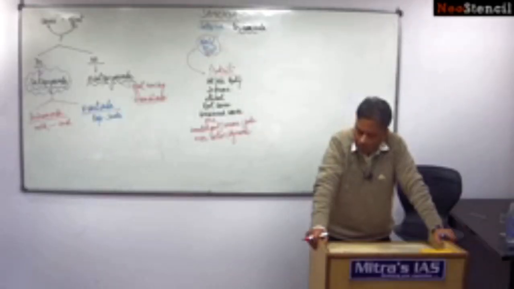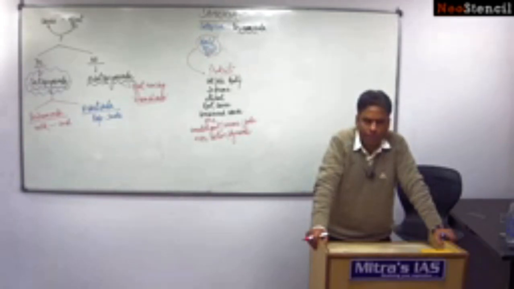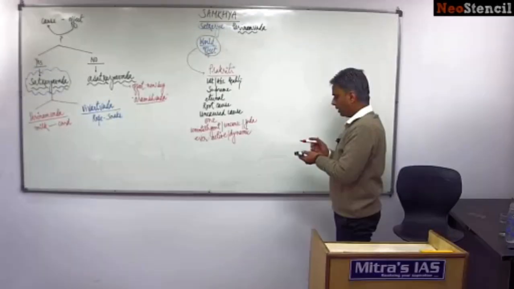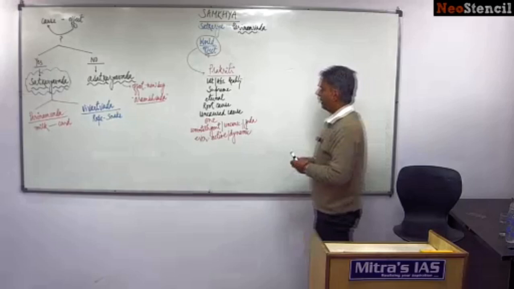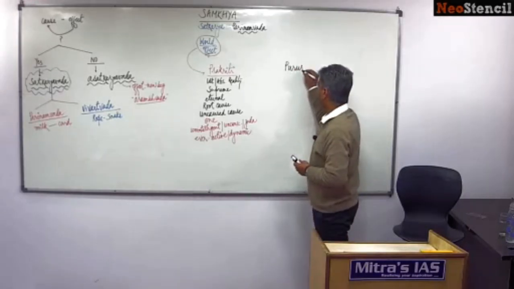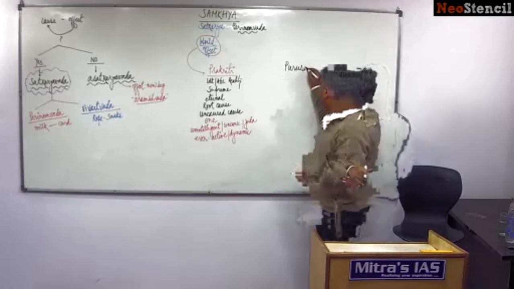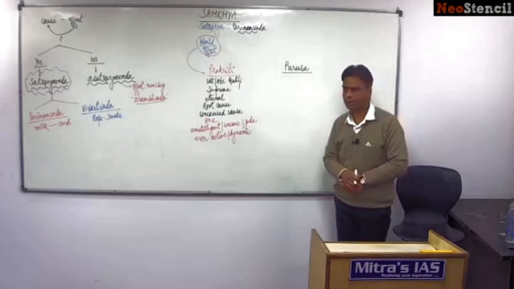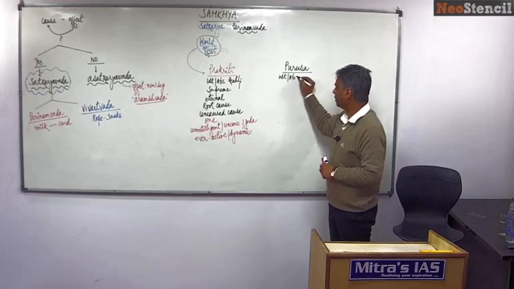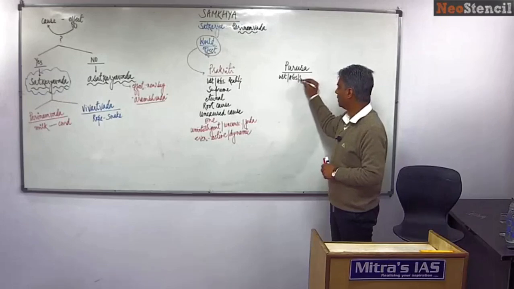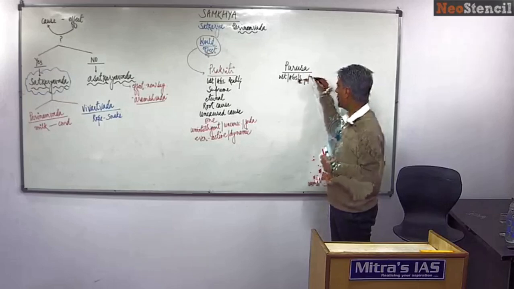Valid question? Hence, Samkhya says, don't you worry, there is another reality. Right? That is, there is another reality, and that reality is Purusha. What is Purusha? Purusha is ultimate, absolute, supreme, independent reality.